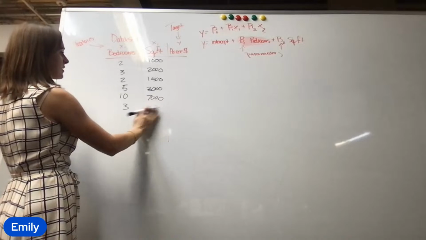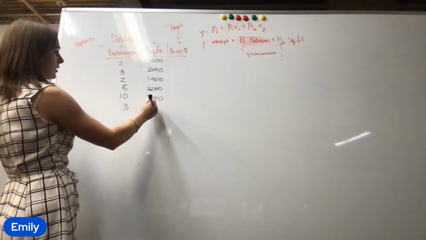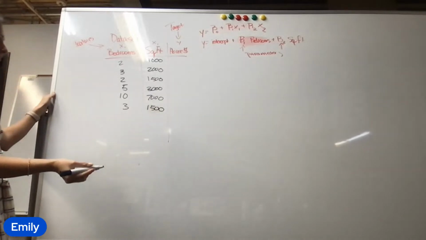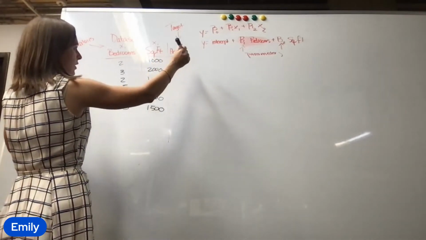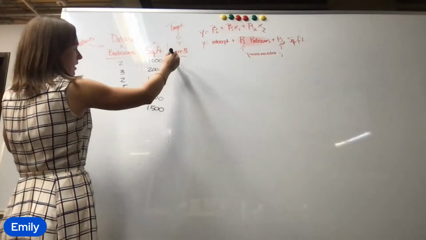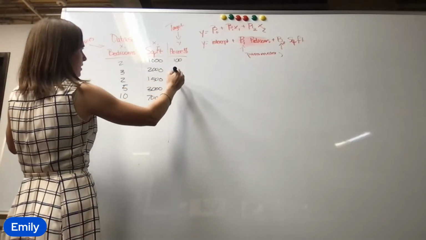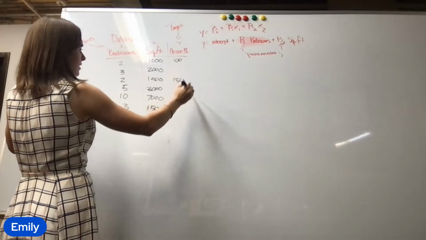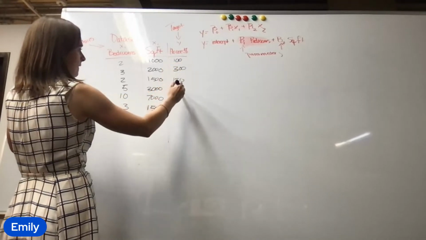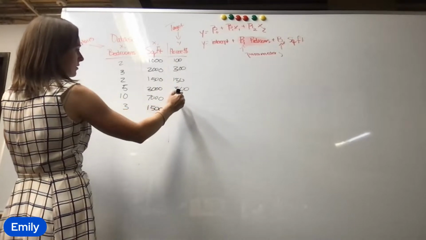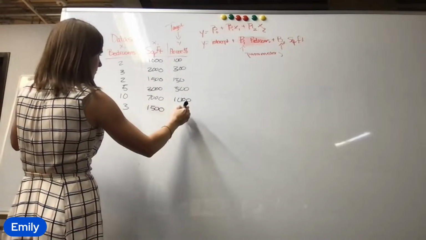No, let me make this exactly the same, 1,500. Okay, and we have our house prices. We're going to put house prices in Monopoly money, so this is going to be 100, 150, 300, 500, 1,000, and 300 for some reason.